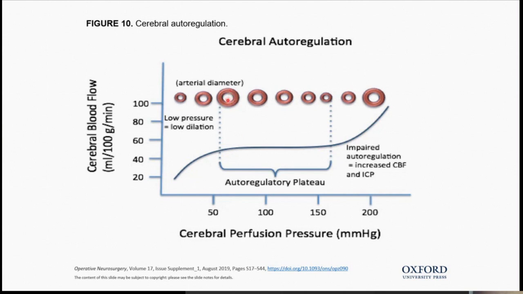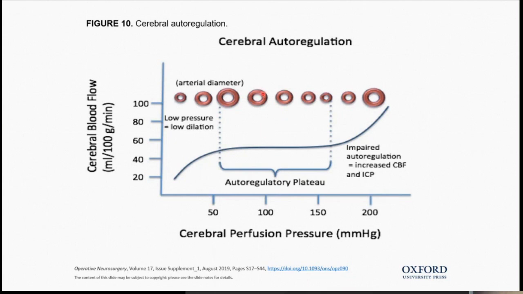How does this happen? There are different mechanisms. Some are mechanical, related to the stretch receptors or mechanoreceptors within the walls of the blood vessels. There are theories about neurogenic control of the blood vessels, related to the astrocytes surrounding the blood-brain barrier, which secrete neurotransmitters that affect the diameter of the blood vessels.